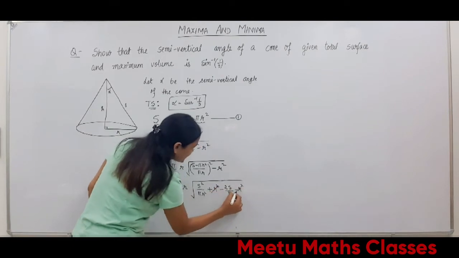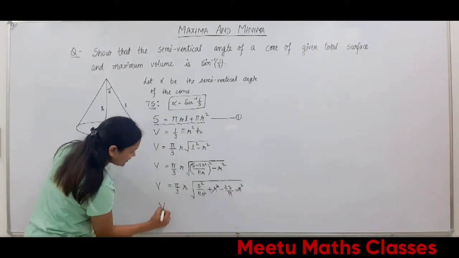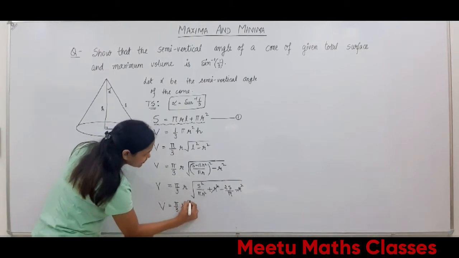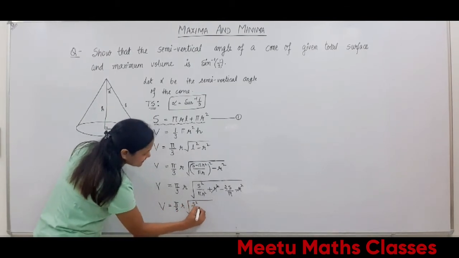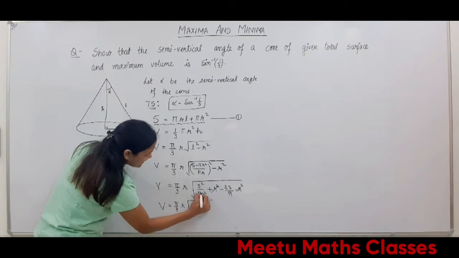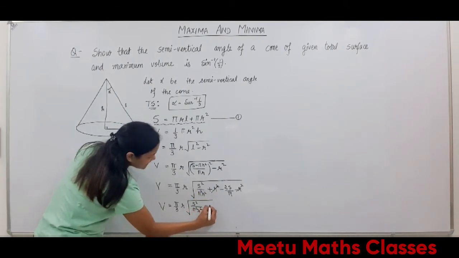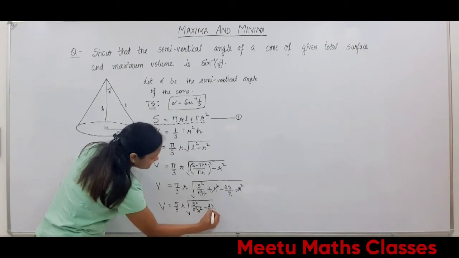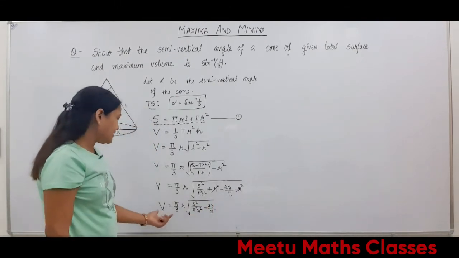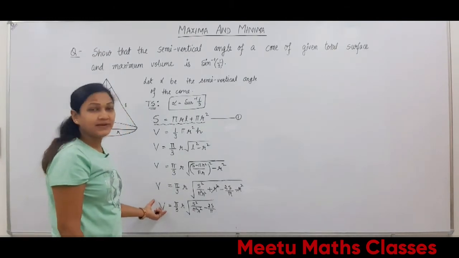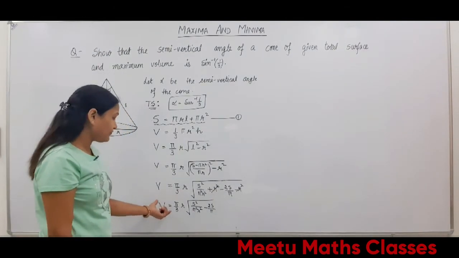R square will cancel out, and your volume will become a function, pi by 3 r square root of s square upon pi square r square minus 2s by pi.